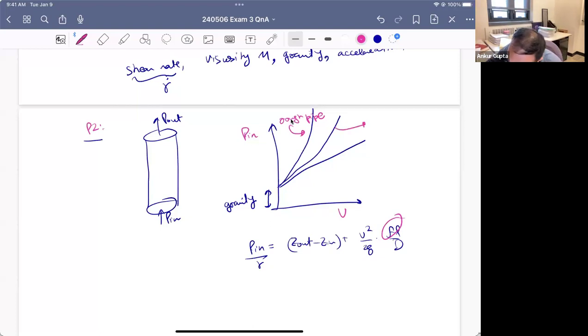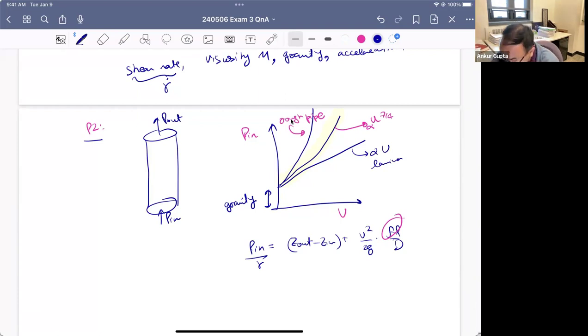If this is a smooth pipe, you will get U to the 7 by 4. It will be gentler than rough, but still quite steep. And it is linear because it's laminar. So the friction factor condition can change. That's one option.